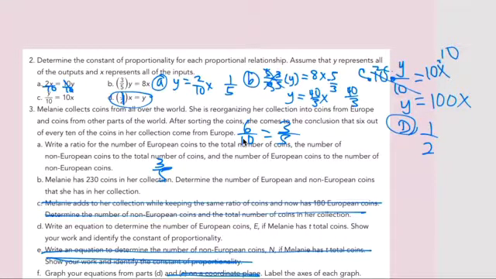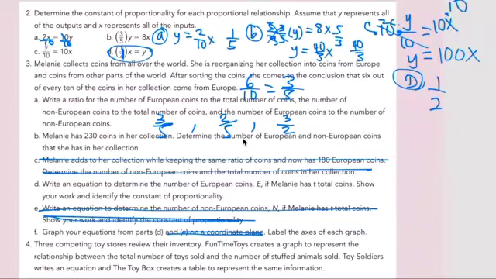Then write a ratio of the non-European coins to the total, which is 2 out of 5. And the number of European coins to the number of non-European coins is 3 over 2.